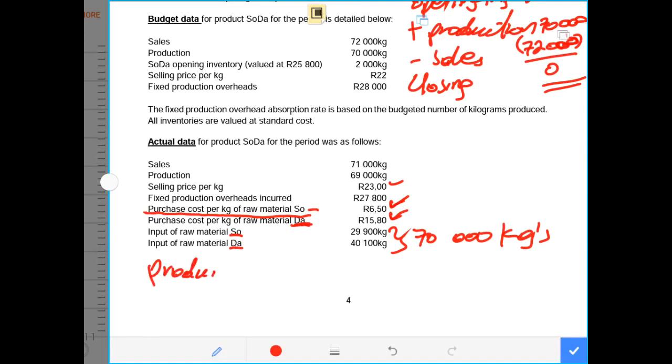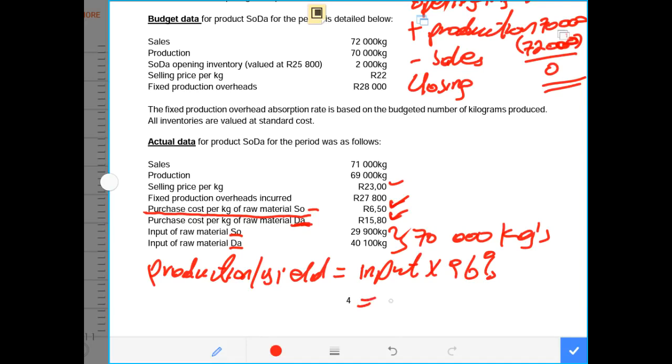Our production, or yield, is equal to input, meaning the kgs that we start with, times 96%. Whatever we start with, 4% becomes a loss, and 96% becomes the number of units that will be completed in that period out of the input that you started with.